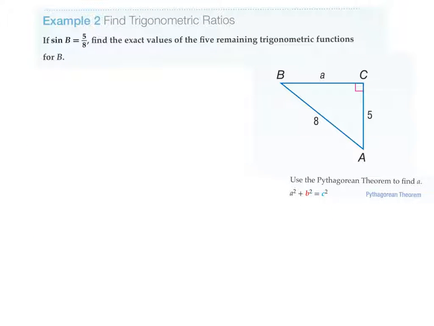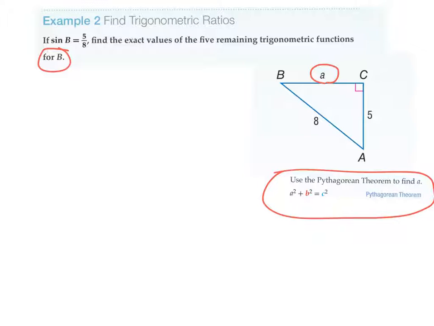What we're going to do with this problem is find the sine, cosine, and tangent of angle B. The problem is you're missing a side. So to find the side, we're going to refer back to an Algebra 1 concept, the Pythagorean theorem. So let's find that value first. We have a squared, and b happens to be 5, which is squared, equals c, which is the hypotenuse, squared.